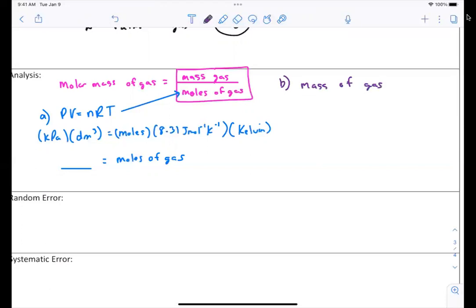Yeah, part B would have to be given here.